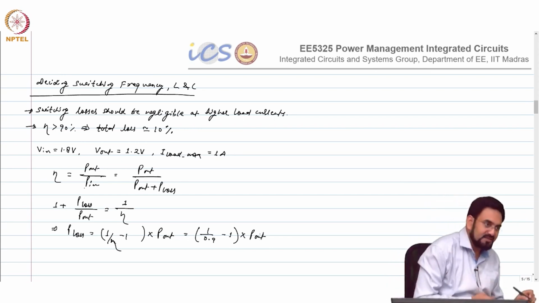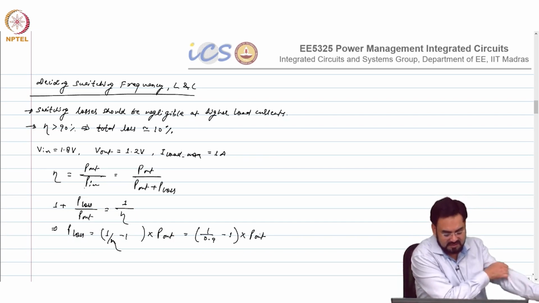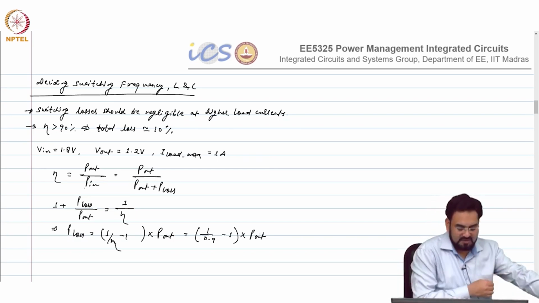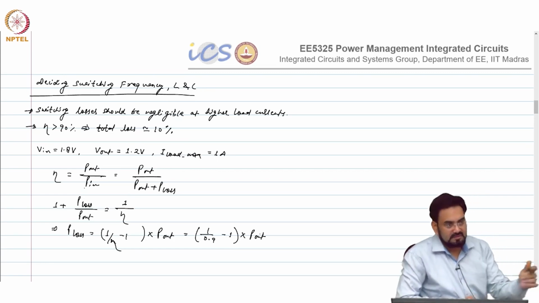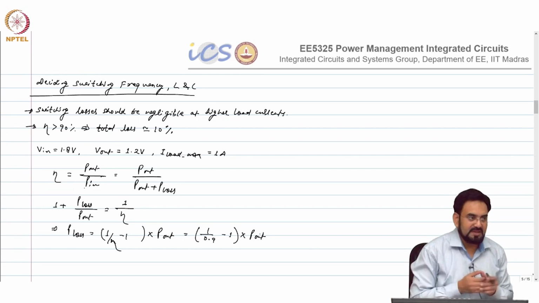So roughly you will get the same number, around 10%. This will give you, I think, 11%. So if you want to calculate the exact number, you can apply this formula. Otherwise, roughly it will always come to 10%.